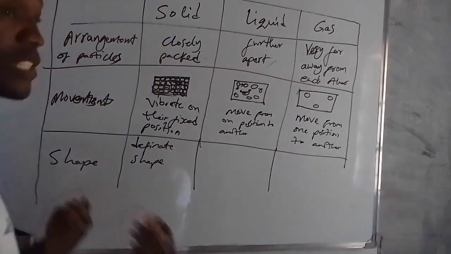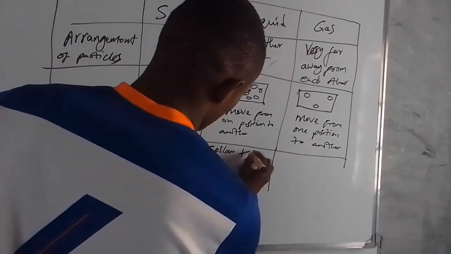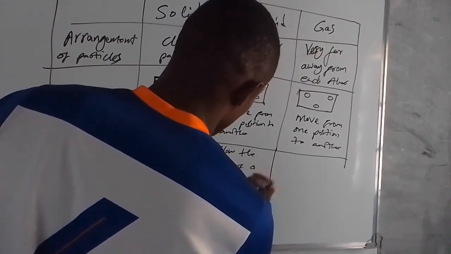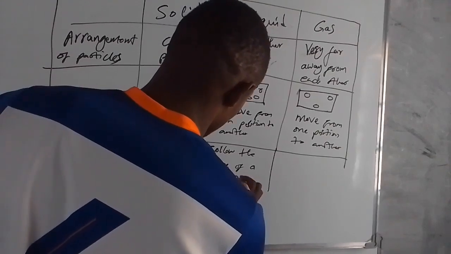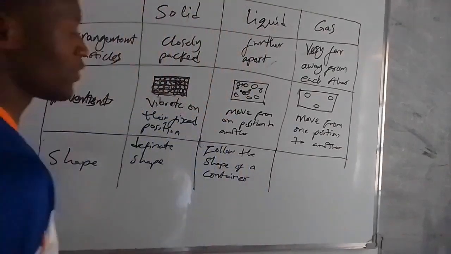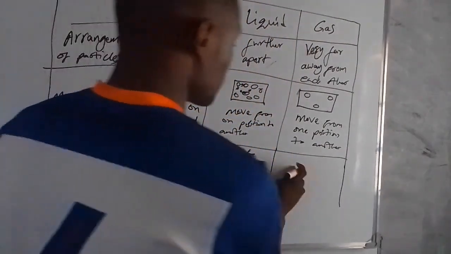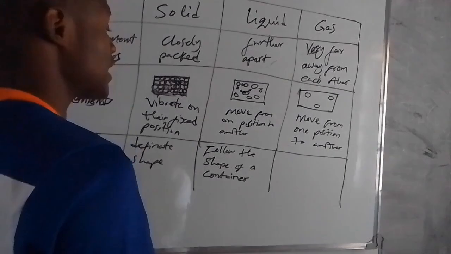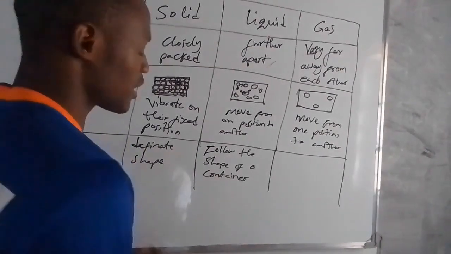They just follow the shape of the container. Then gases also follow the shape of the container, although they move from one direction to another, so they also follow the shape of the container.